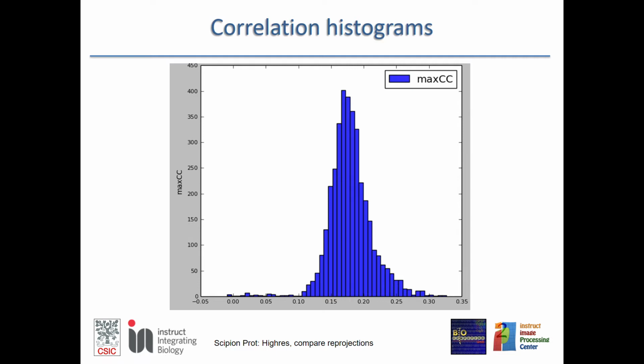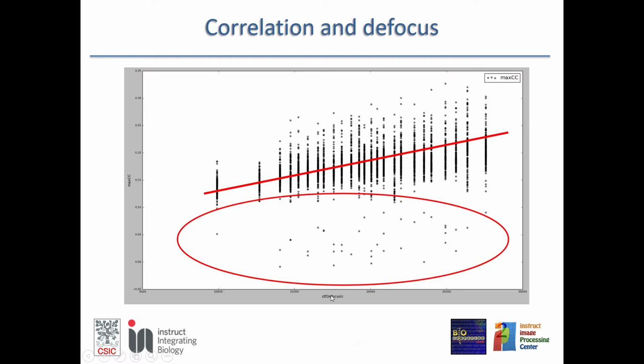You should be careful about removing everything below a threshold. For instance, let's say you put a threshold of 0.15, and the reason is that the correlation depends on the defocus. The stronger the defocus, the stronger the correlation. This is what we see here with this red line. So 0.15 may be low correlation for highly defocused images, but it may be very good correlation for low defocus images.